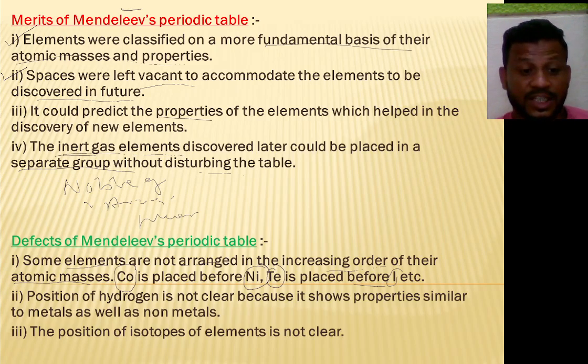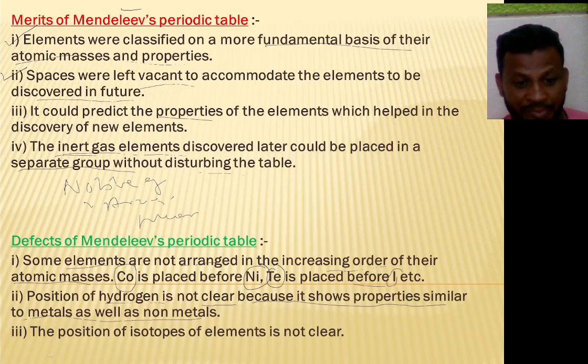Second, the position of hydrogen is not clear because it shows properties similar to the metals as well as non-metals. It means hydrogen does not clearly have a space in Mendeleev's periodic table.